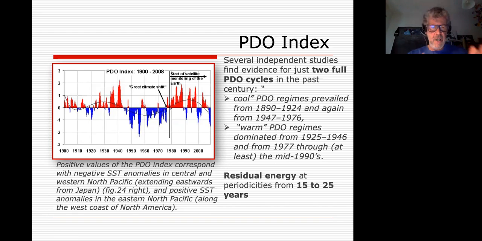As I told you, this is the low-pass filter of this time series, and there is additional energy in the signal that is referred to shorter time scales, from 15 to 25 years, which are not yet explained.